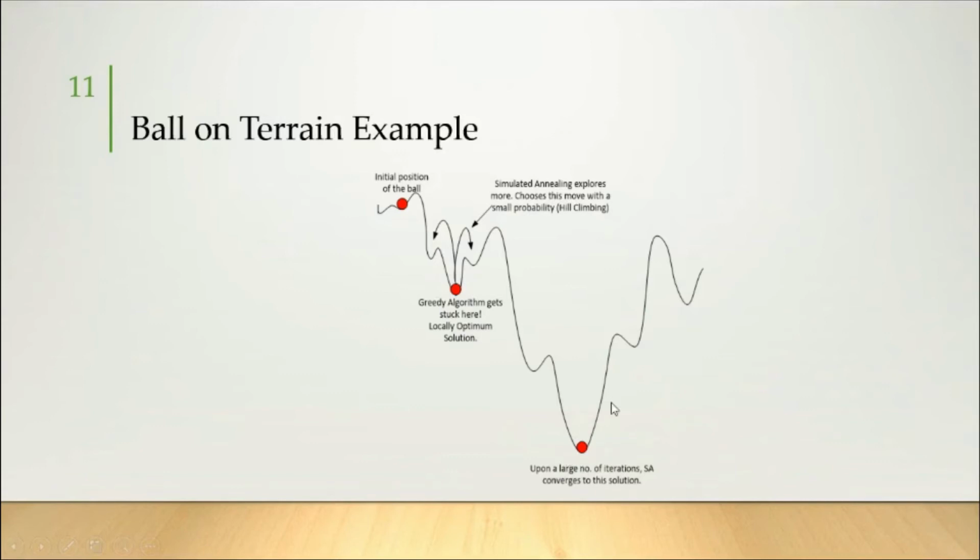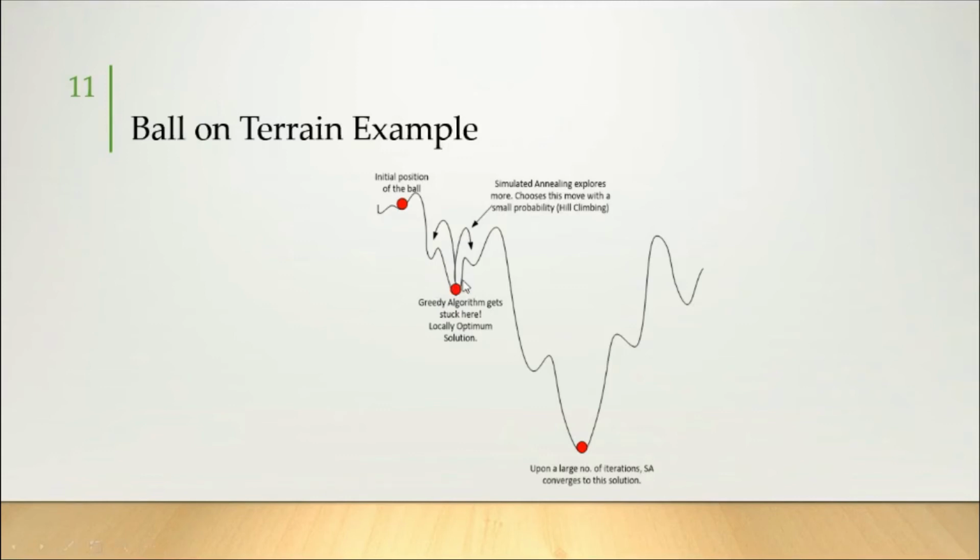Even though the best position is here, the ball might not be able to escape from this position. So this is the problem with our normal hill climbing searches, that is the greedy search procedures. But simulated annealing allows non-improving moves also, that is, worse solutions are also accepted.